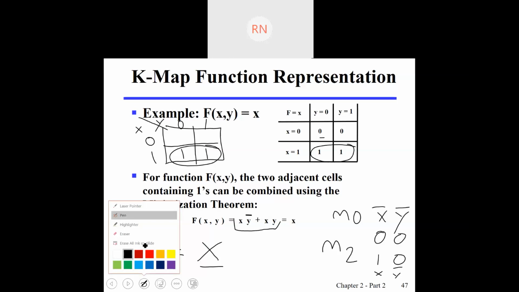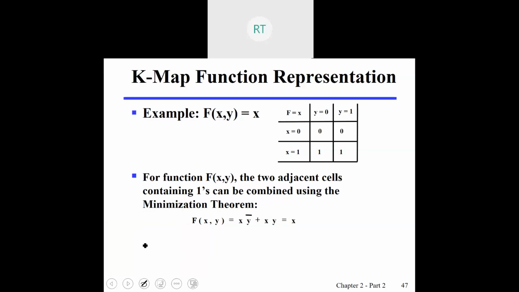Okay, so check this now. This is a totally different example. I have x, y, and I am dividing my two variable Karnaugh into 0, 1, 0, 1, and I am filling my ones now here. First tell me what is f.